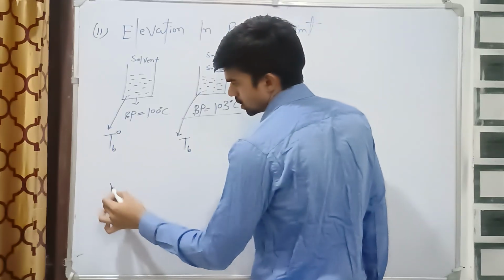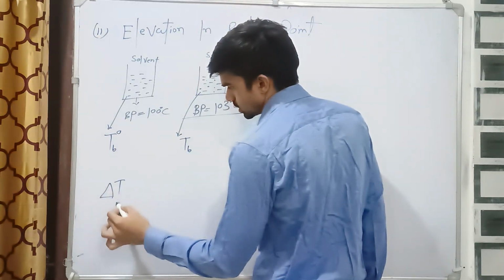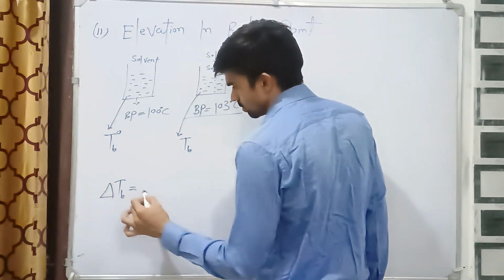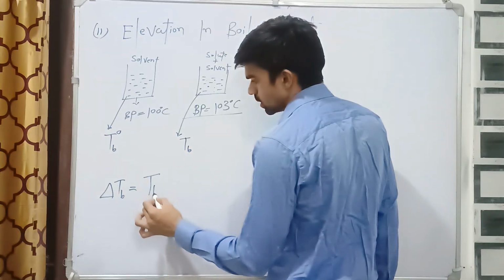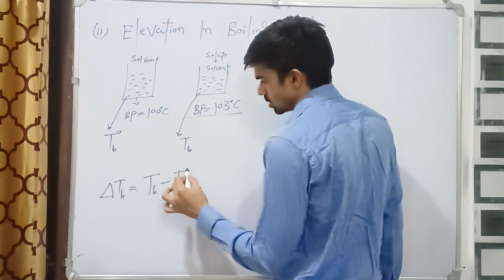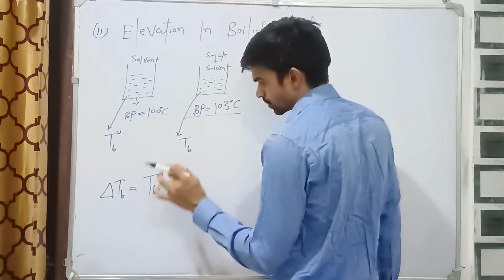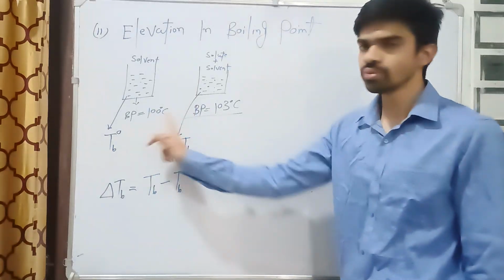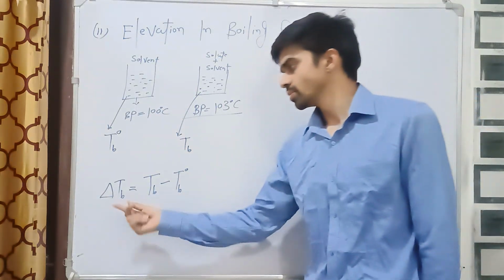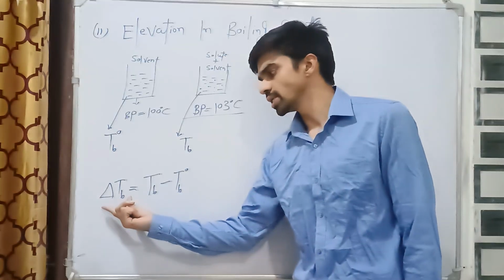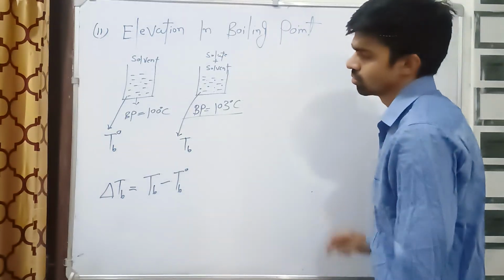Then the change in boiling point, that is the elevation in boiling point, will be equal to TB minus T naught B. Okay, the difference between that will tell us about the change, that is the elevation in boiling point.